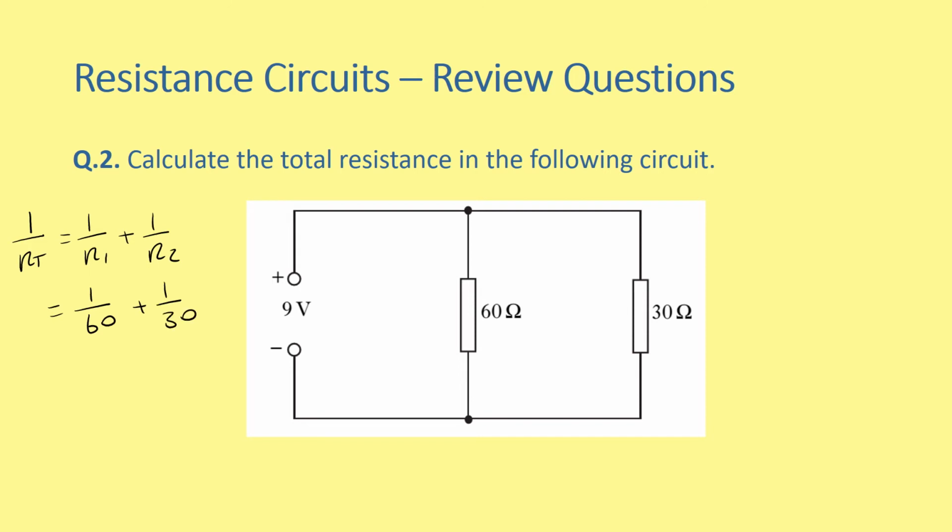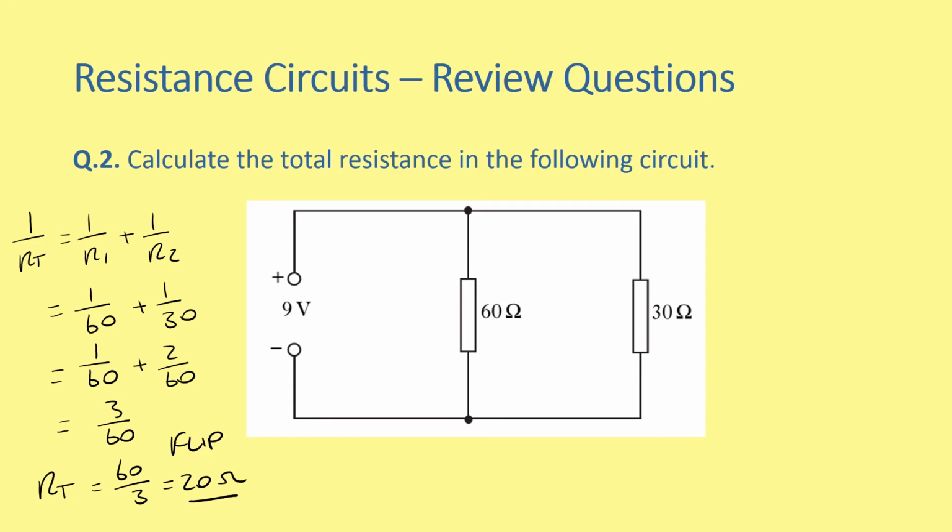I'm going to take 60 as my common denominator and say this is equal to 1 over 60 plus 2 over 60. 1 over RT is equal to 3 over 60. Remember to flip, so RT is equal to 60 divided by 3, which is 20 ohms. As we'd expect, the value of the total resistance is less than the value of the lowest resistor.